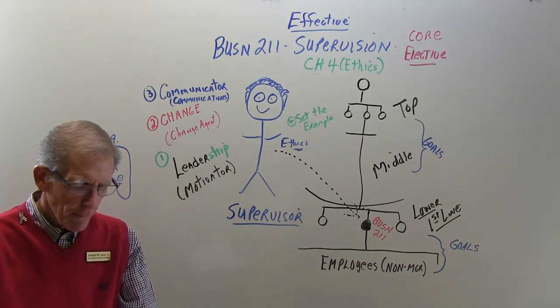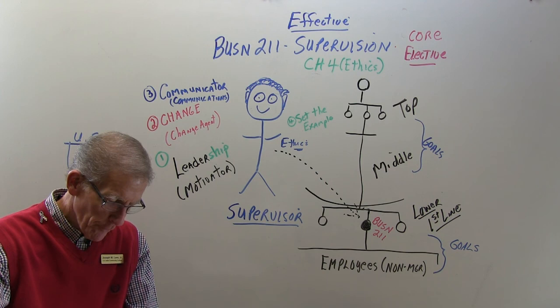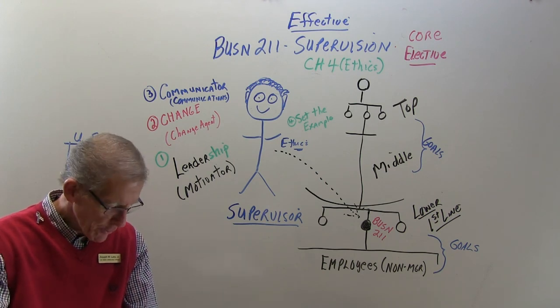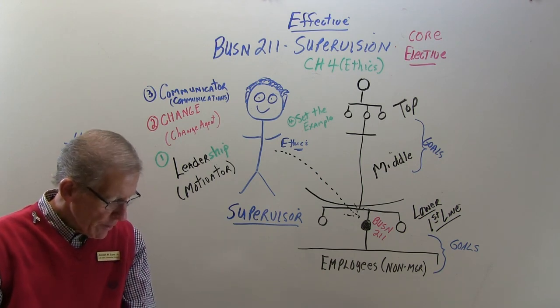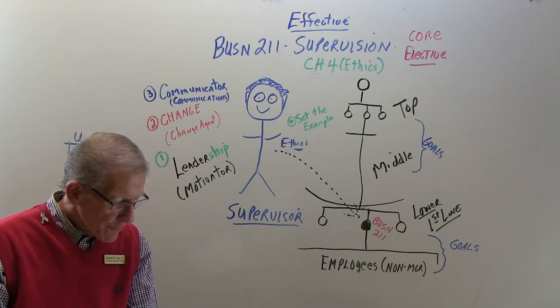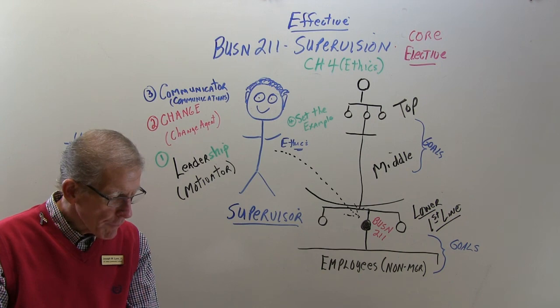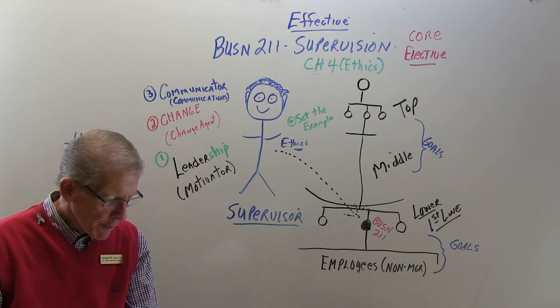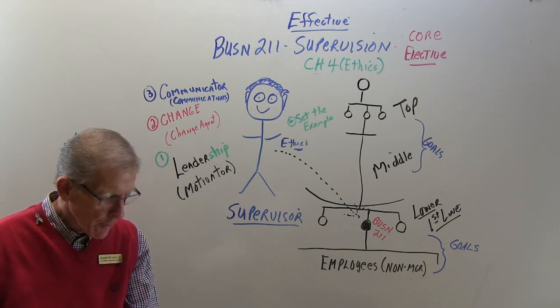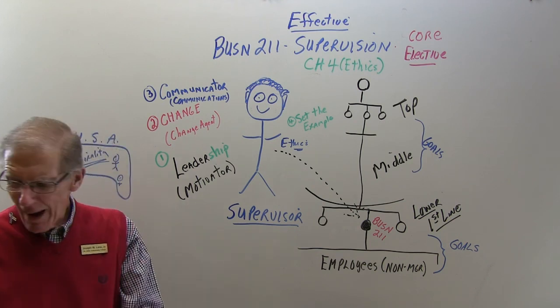Like I say, I've got to put this in a binder. Here's how he says this. In carrying out their roles, supervisors can adopt one of the following approaches as it relates to ethics. Okay.